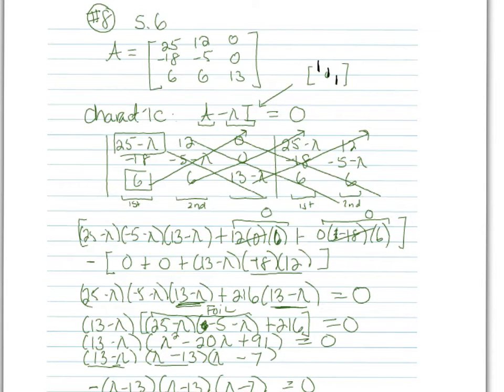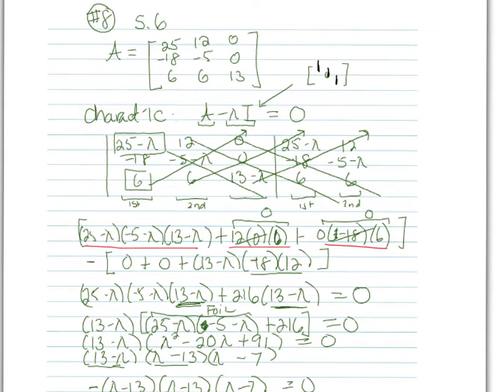Basically I started here and went down, so I have this times this is this right here, and then 12 times 0 times 6, that is right here, and then my 0 times negative 18 times 6 is right there, and then we subtract, going from bottom to top.